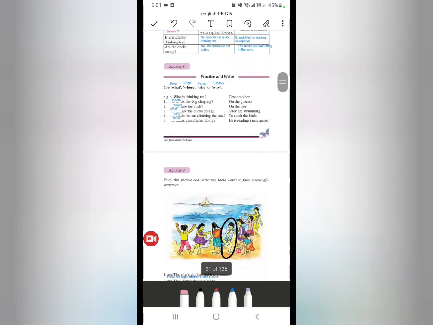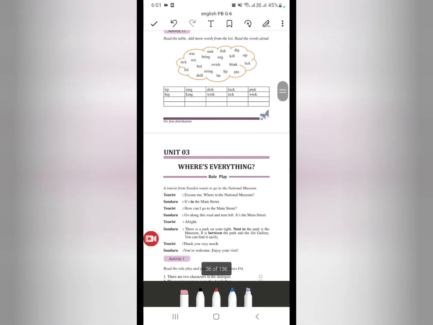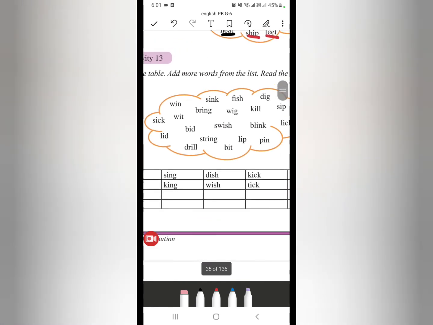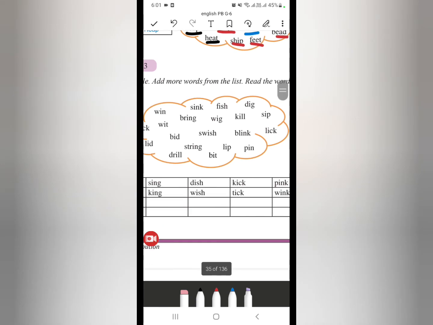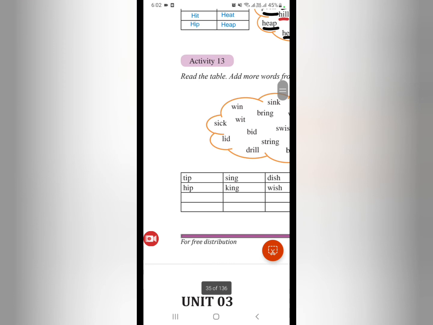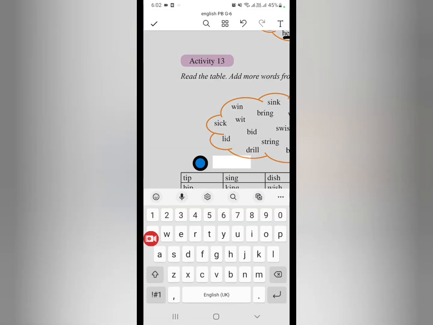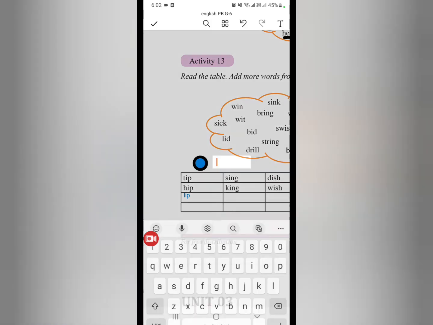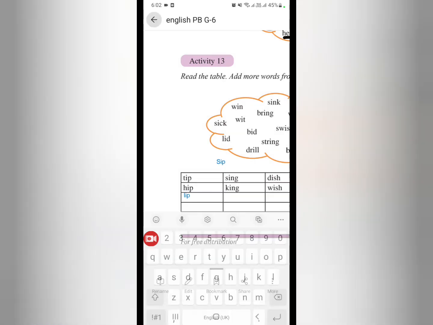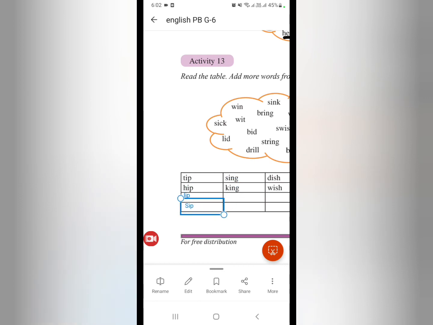Wait a minute, children. Lip, sip, only that much. Okay.